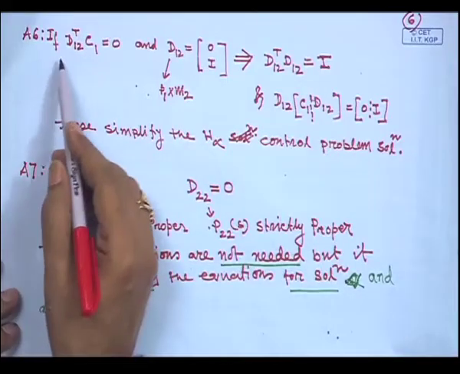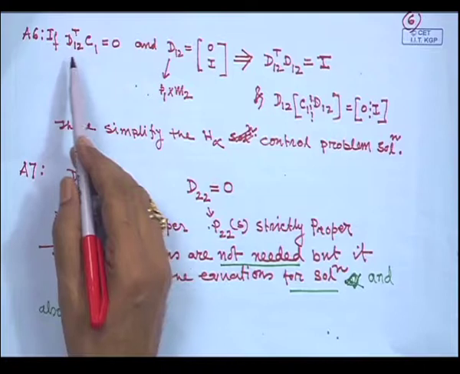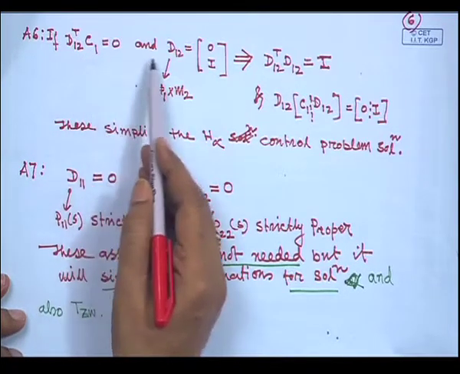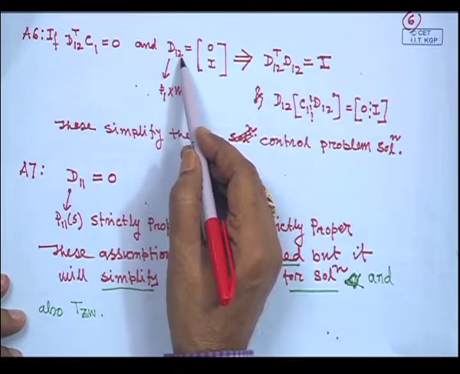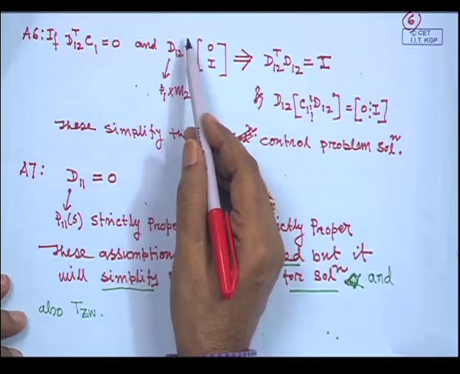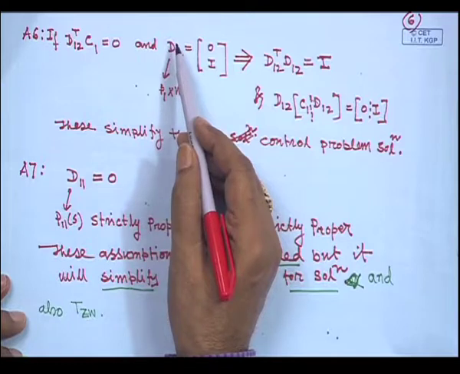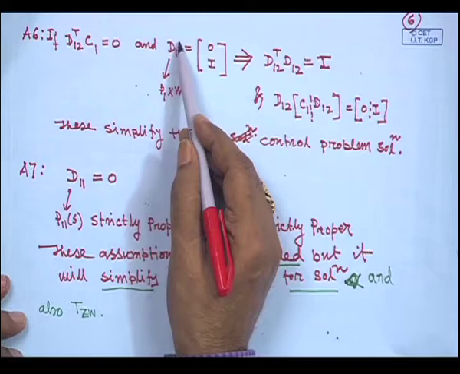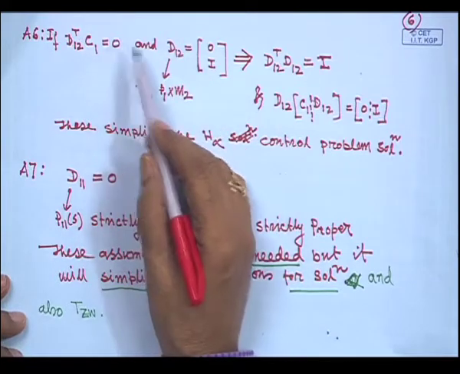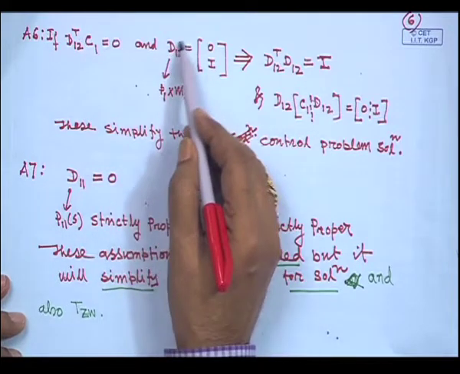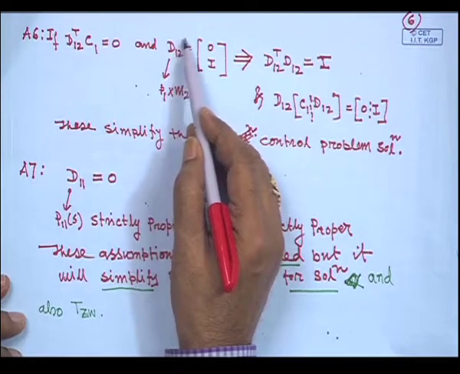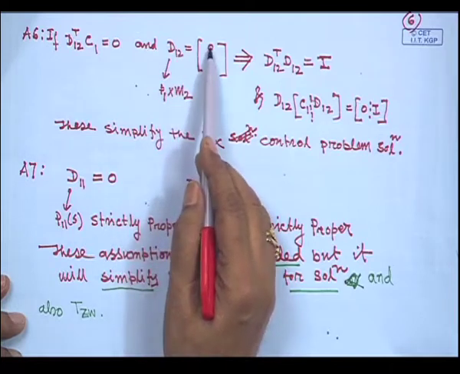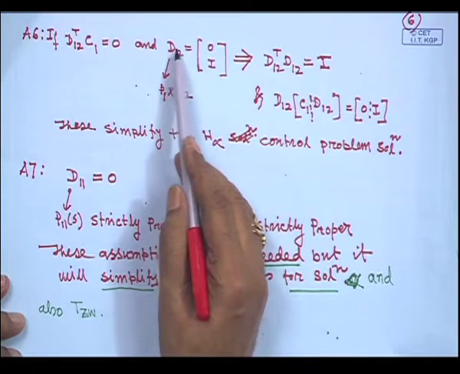So, the sixth condition is again D12 transpose C1 if it is 0, and D12 is associated with the regulated output equations and with the exogenous input. If this structure of D12 is 0 I, I can always make it so even if it is not that structure.